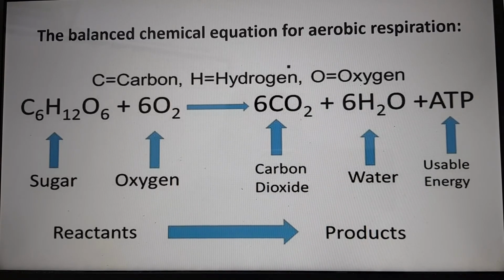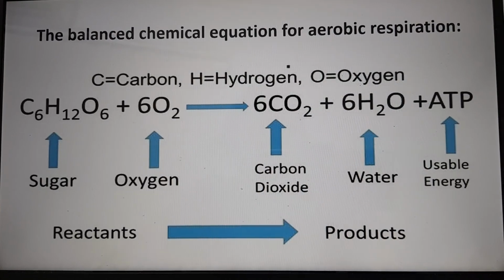And oxygen: here 6 plus 6 plus 12, so 18 are there. So here we have to add 6 plus 6 plus 6, 12 plus 18. So C6H12O6 plus 6O2 gives 6CO2 plus 6H2O plus ATP molecules.